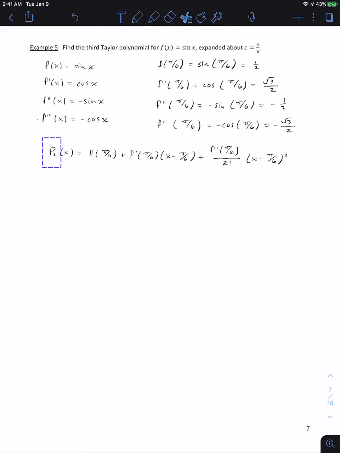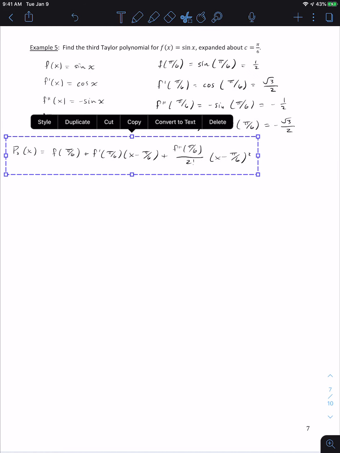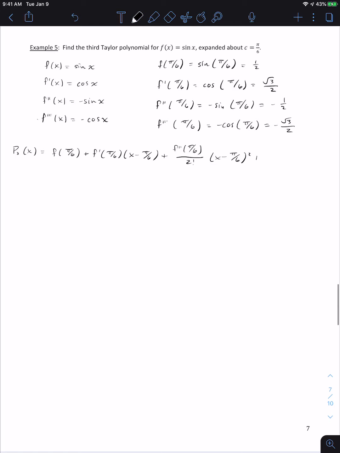And I think we can squeeze this in here if I scoot it over. And then plus f triple prime of pi over 6 over 3 factorial x minus pi over 6 cubed. Right, in general, that's what it is. But now we found all these values.